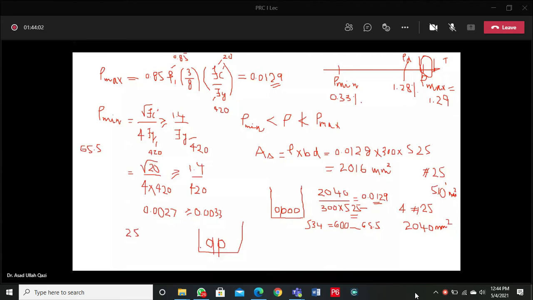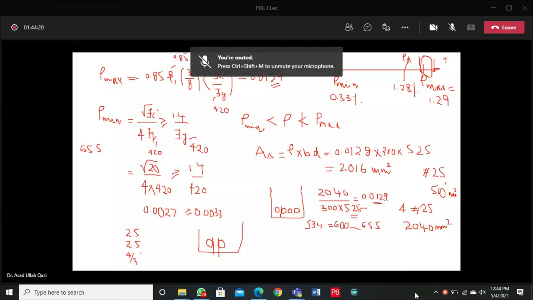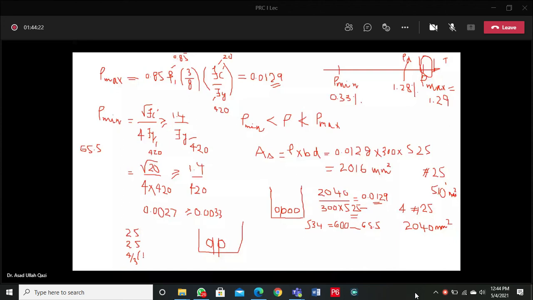The largest bar dia, so if bar dia is 25, it means in our case 25, and 4 by 3 of the coarsest aggregate particle. Normally in our concreting we use 3/4 inch down coarse aggregate, the size of the aggregate being 3 by 4 inch.